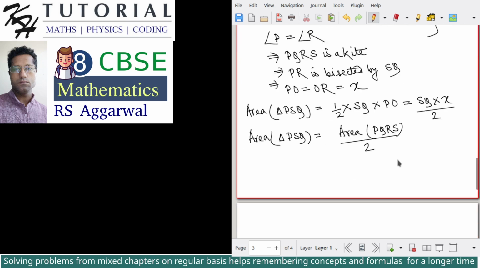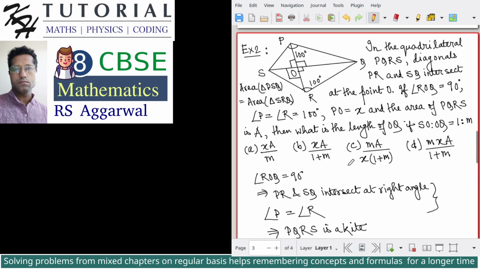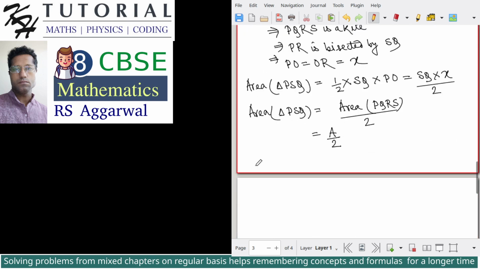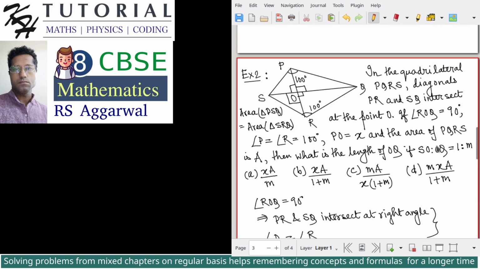This is equal to A by 2, as the area of the kite is given as capital A. So we have SQ multiplied by X divided by 2 is equal to A by 2. This implies that SQ is equal to A by X, where SQ is the diagonal SQ.